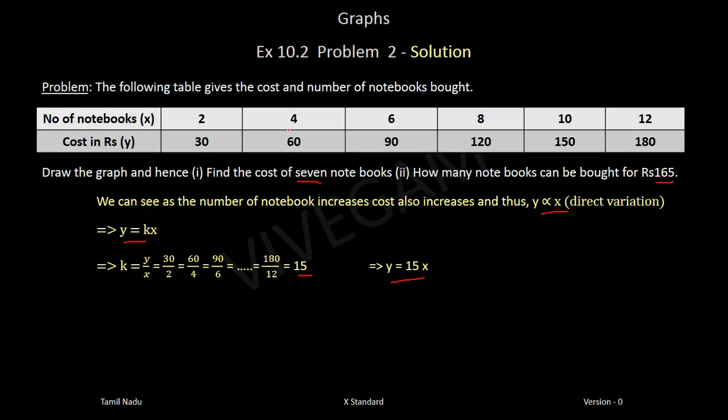Otherwise, everything is on the positive side. So x is varying from 2 to 12. So maximum minus minimum is 12 minus 2, that is 10. So we can have 1 centimeter equal to 1 unit. That is good enough because we will have 12 centimeters. Okay, 12 centimeters is possible because we are not going to have anything on the negative side.